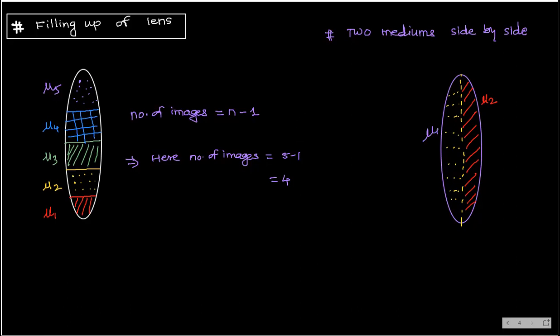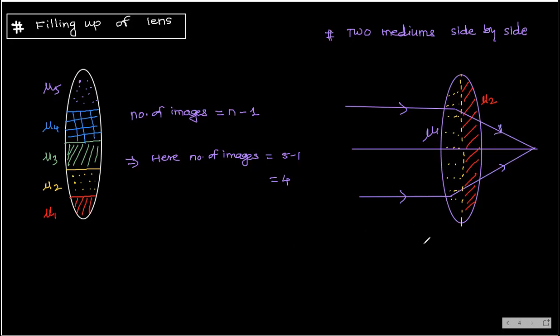So what happens now here? Due to these two mediums, whatever the rays you are going to incident, they will meet somewhere at one point only. However the refraction is, they will meet somewhere here like this, and you will get only one image, even though they are filled with two refractive indices.